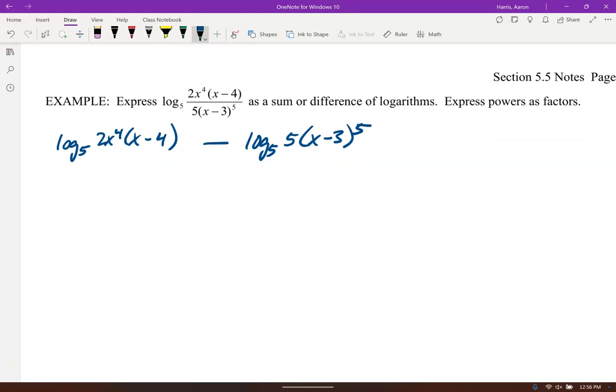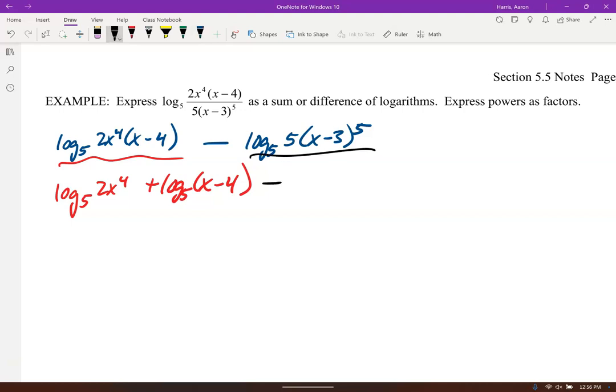And then with this one, notice these are being multiplied. So I can expand this one, log base 5 of 2x to the 4th plus log base 5 of x minus 4. And then over here, I also got a multiplication issue, I got the product property. But make sure as you expand this, you put these in parentheses. Right, that negative will apply to both terms there.